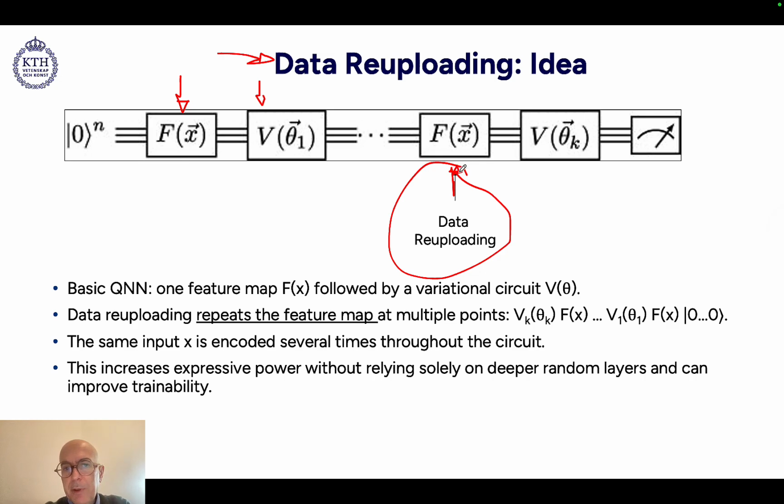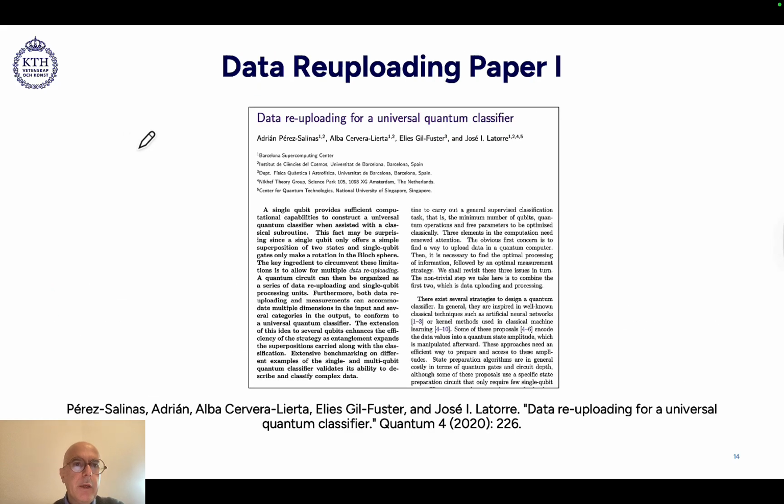So the data reuploading technique repeats the feature map at multiple points. So the same input X is encoded several times throughout the circuit. If you are interested in this technique, I highly recommend this paper, Data Re-uploading for a Universal Quantum Classifier, that you will also find on Canvas.